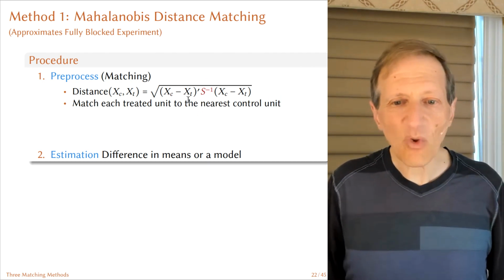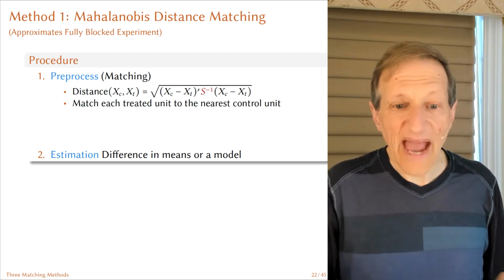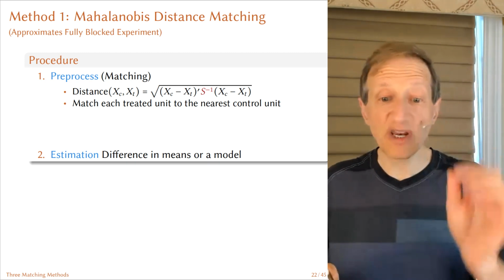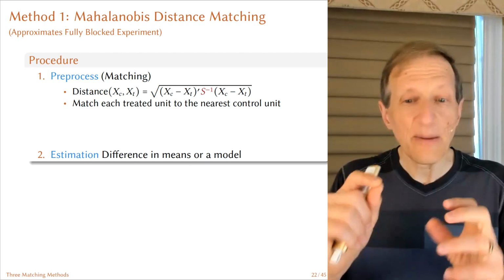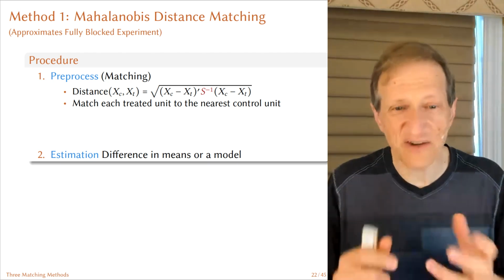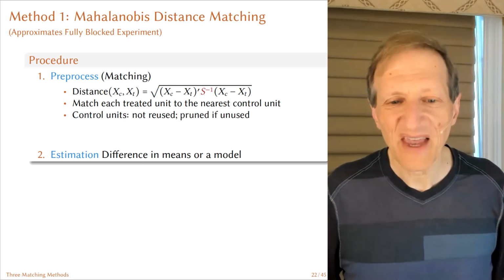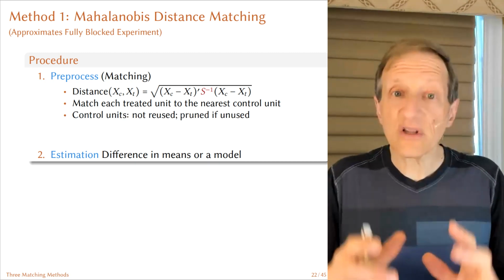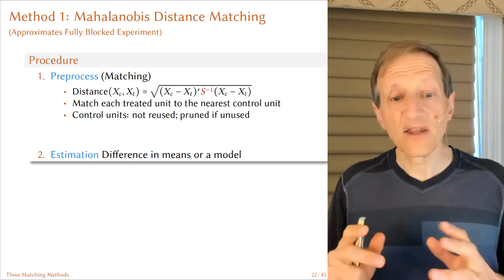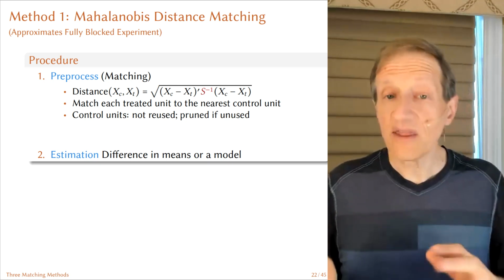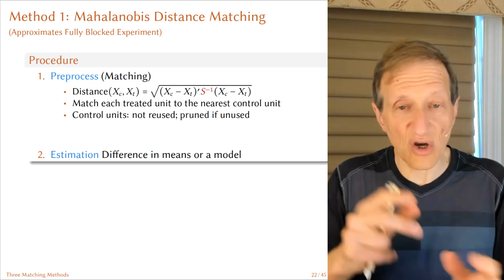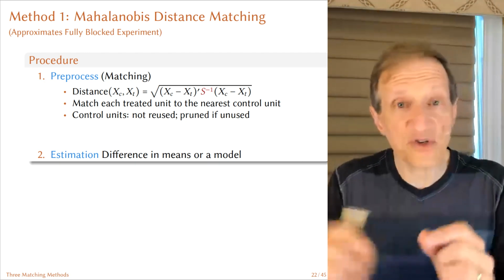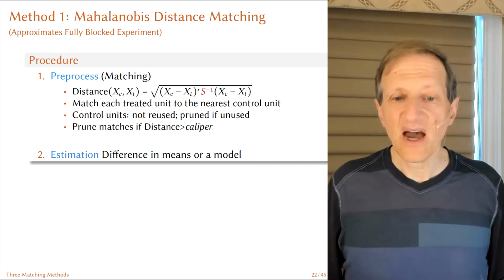Okay, we will match each treated unit to the nearest control unit, where nearest is defined by this particular distance metric. In the simplest version that we're going to use right here, the control units are not reused. They're pruned if they're unused. So whichever ones lose the game of musical chairs get pruned away.